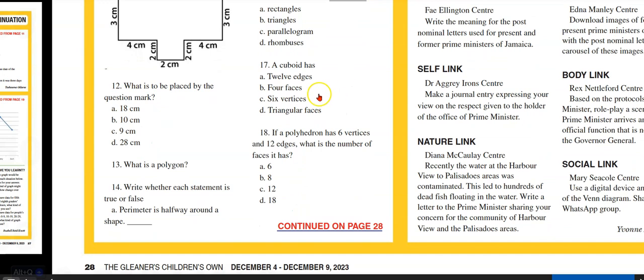Number 17. A cuboid has 12 edges, 4 faces, 6 vertices, or triangular faces. Number 18. If a polyhedron has 6 vertices and 12 edges, what is the number of faces it has? Is it 6, 8, 12, or 18?